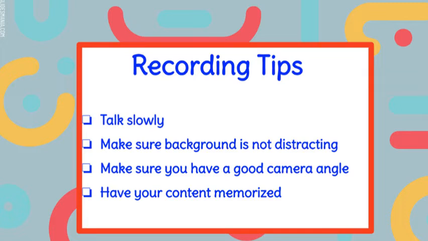Make sure you memorize what you have to say so it doesn't look like you're reading, but you certainly can have what you are going to read in front of you. And you want to be looking at the camera. Remember, you are delivering a speech. So those are your tips. I am going to record, and then I'm going to put my recording in.